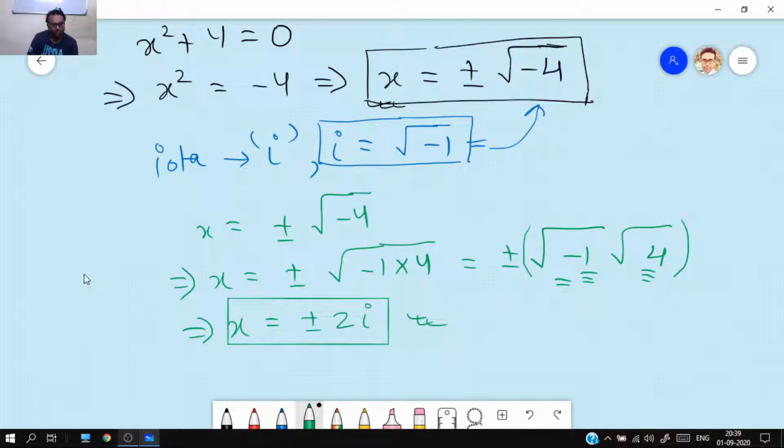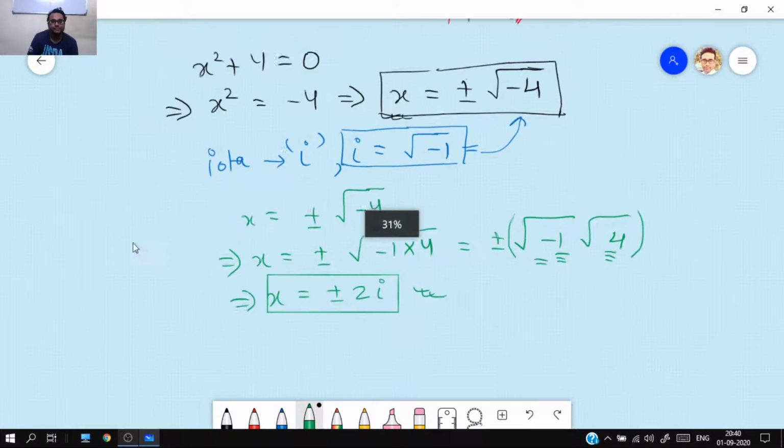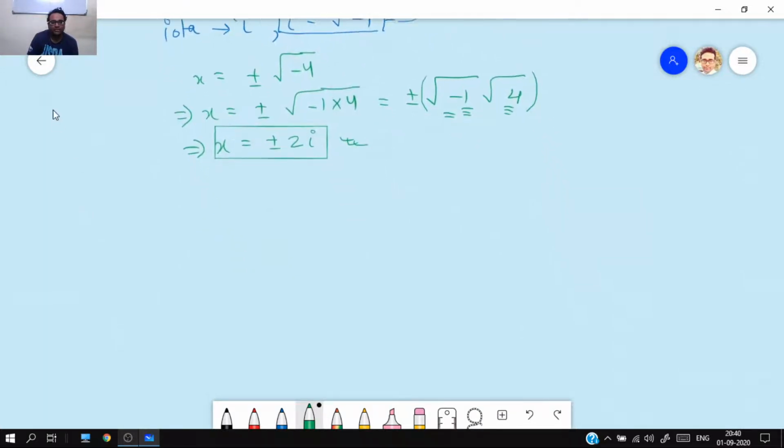And the answer was possible because we know the value of i, that is under root minus 1. So with the help of iota, we can solve any quadratic equation in which we get a negative number under root. For example, if x is equal to plus minus under root minus 6, we can simply write this as plus minus root 6 i.